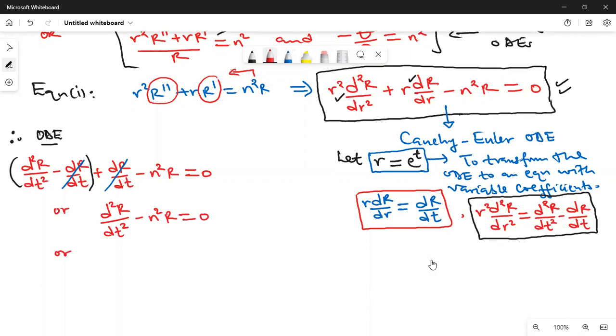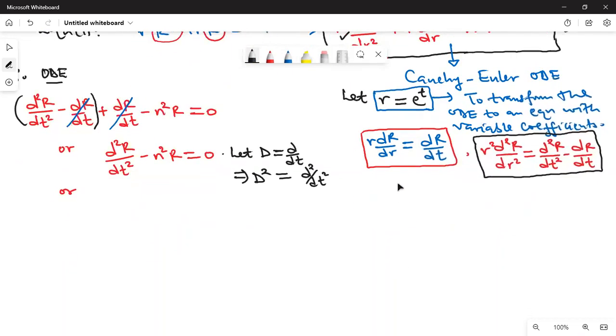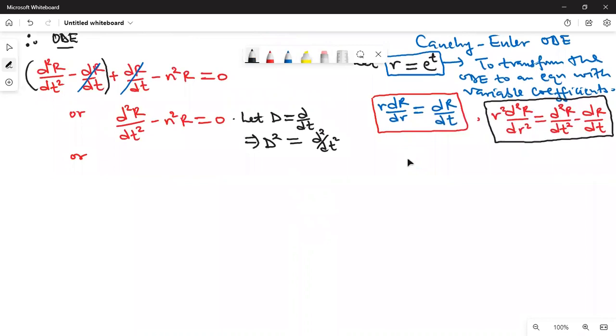Or in terms of the D operator, if we let our D operator be the derivative with respect to t, so that D squared will now be the second derivative with respect to t twice. So we can now write this equation in terms of the D operator. How will it look?